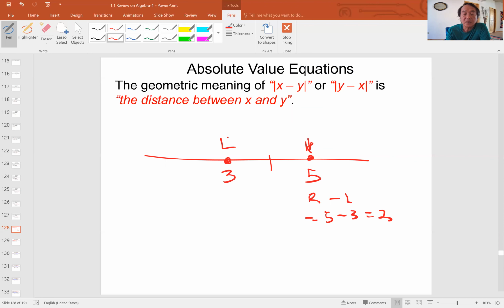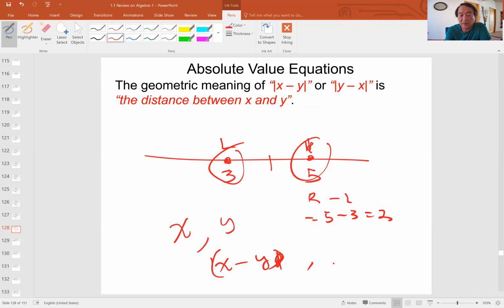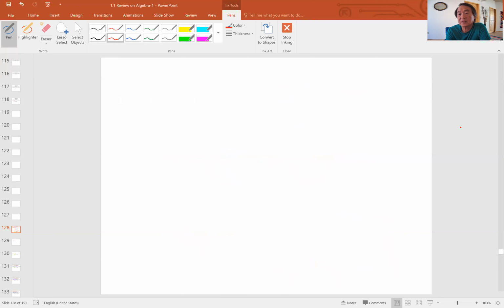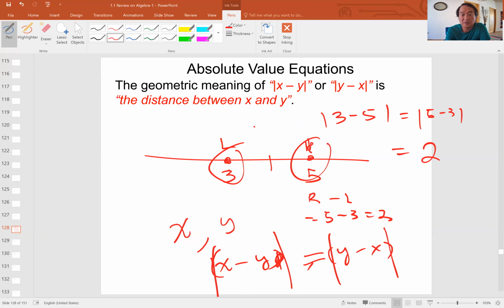But if I don't know the position, who's on the right, who's on the left, and suppose I just pull out two numbers, x, y, I want to know the distance, I don't know which one is on the left and which one on the right. So one of these will be positive, one of these will be negative. And to erase that distinction, I slap absolute value around. I say, oh, that just is the distance. So 3 minus 5, or 5 minus 3, the distance between them is 2. This spacing is 2.